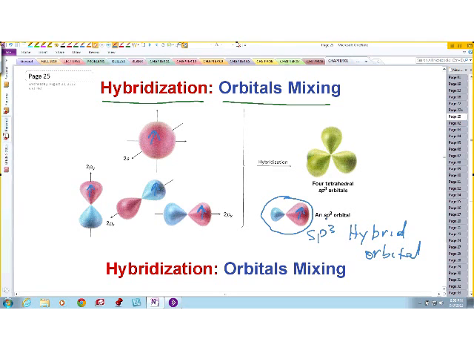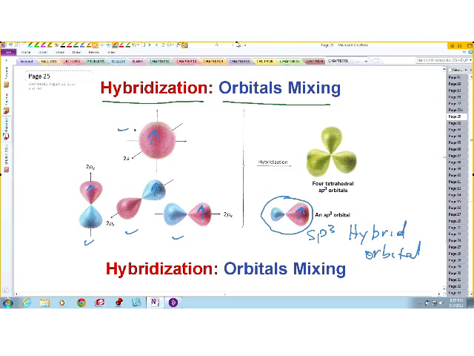How did you get the sp3? What happens? The one s orbital and the 3 p orbitals, this here, this here, this here, and this here. Those 3 are the p orbitals, and this is the s orbital. They are mixed together. As a result of the mixing, you come out with a brand new set of orbitals, which we refer to as the hybrid orbitals.